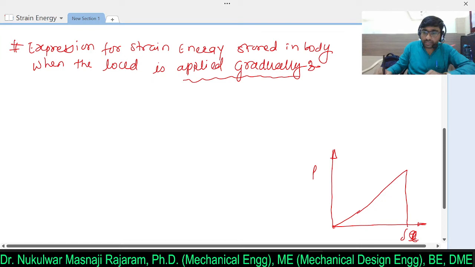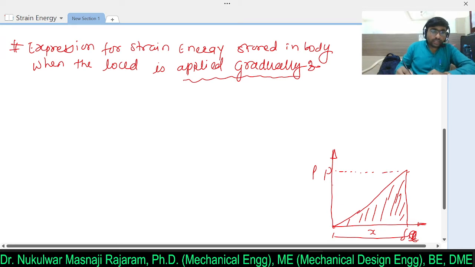And if I take this, then this is the area we are interested in. So let's say this displacement is x and the applied load is P. Simple. Now, what is strain energy? Strain energy stored within the body is equal to the work done.